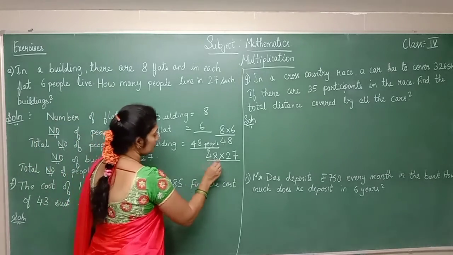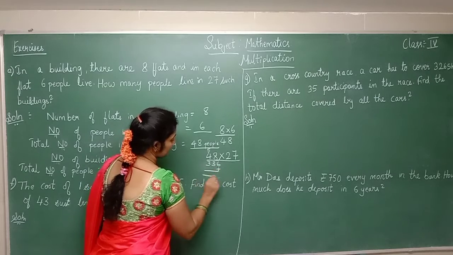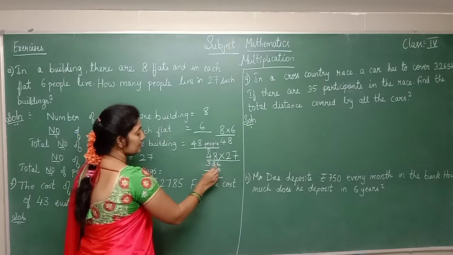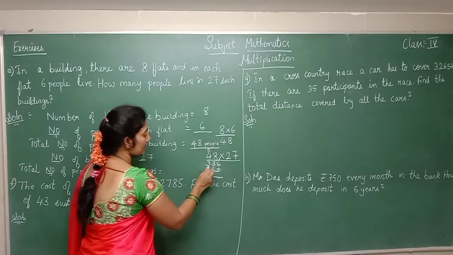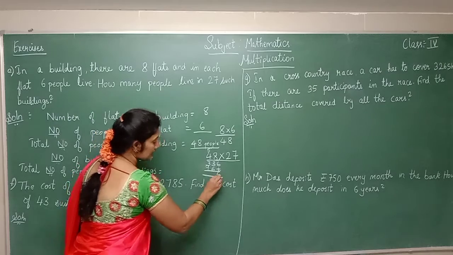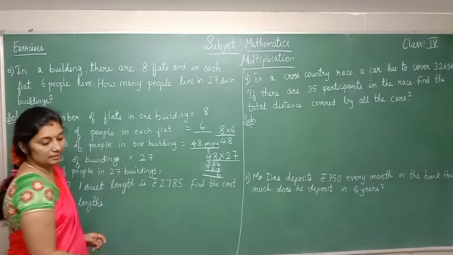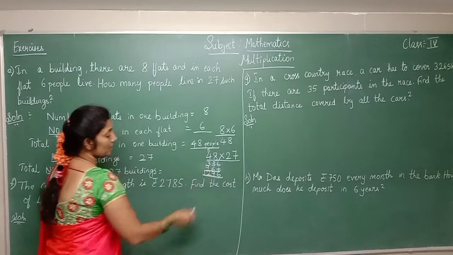So you got 336 plus 2 8s are 16, 1 carry, 2 4s are 8, 8 plus 1, 9. So 6 plus 0 is 6, 6 plus 3 is 9, 9 plus 3 is 12.